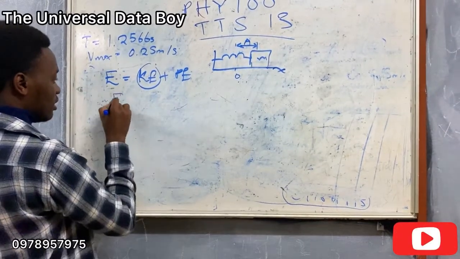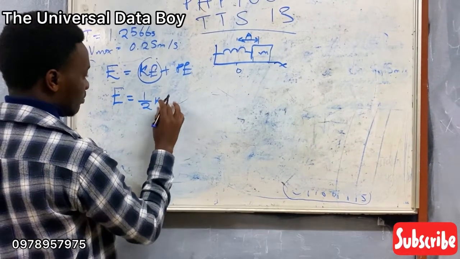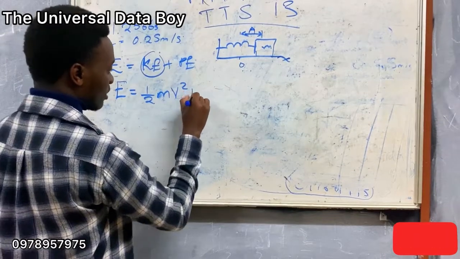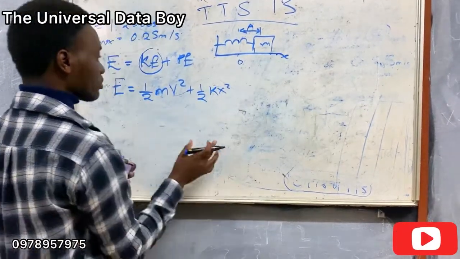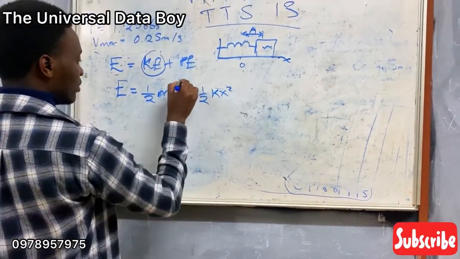So we have got E. Let me say E is equal to 1/2 mv squared plus 1/2 kx squared, kinetic energy plus potential energy. So here the kinetic energy is 0.